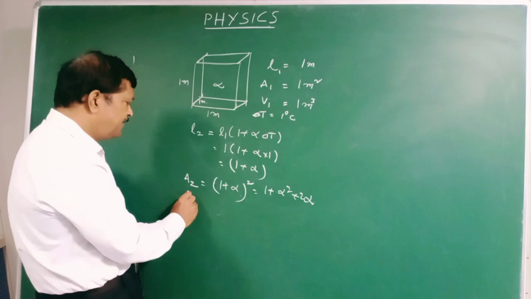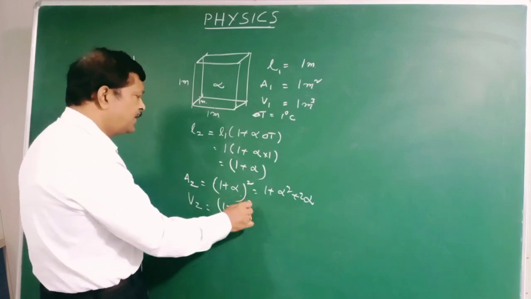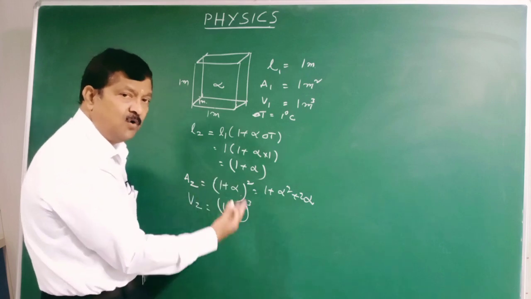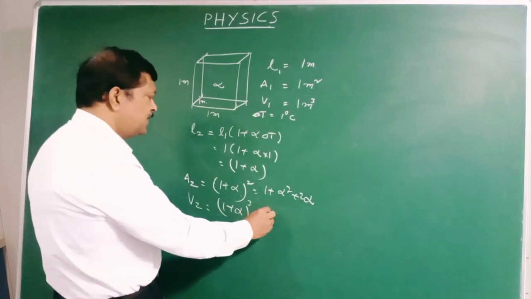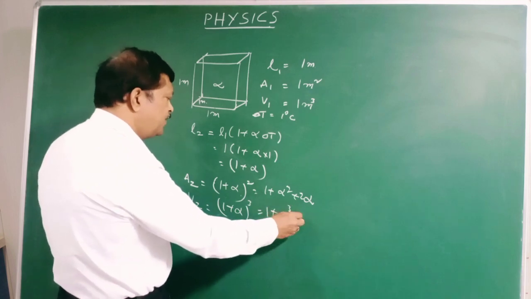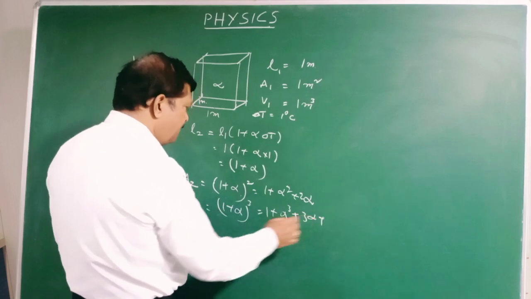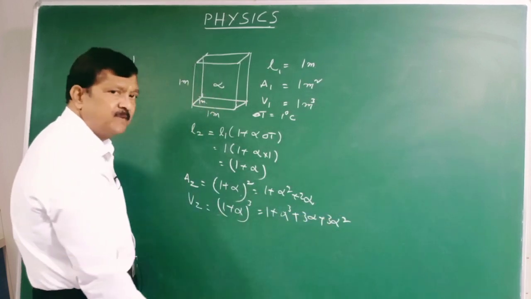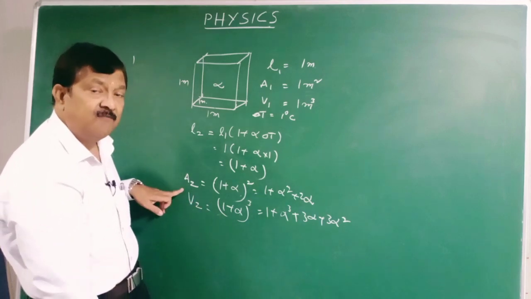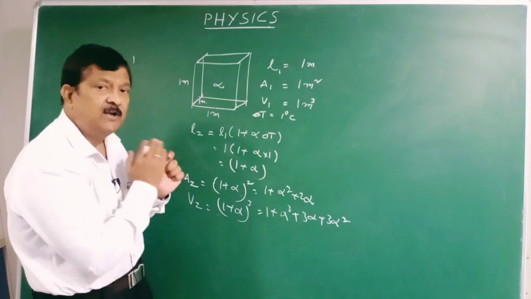Similarly, the final volume is 1 plus alpha whole cube. Let us expand; it is like a plus b whole cube: a cube plus b cube plus 3a square b, that is 3 alpha, plus 3a b square, that is 3 alpha square. These are the final area of each face and the final volume of the total cube.